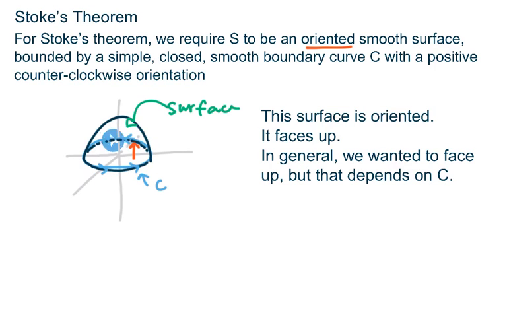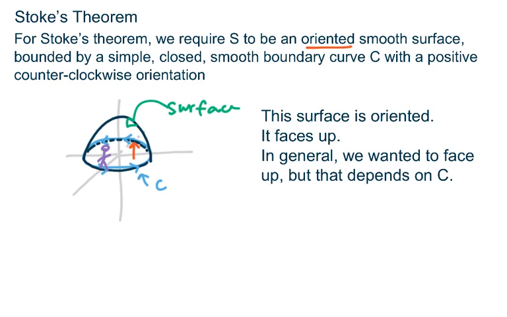You want to think about if you were a little person traveling around this loop, you would want the surface to be on your left. So if you drew a little guy right in here, here's my little guy. He's walking around, facing the front of the loop. If he's traveling this way, the surface is on his left.